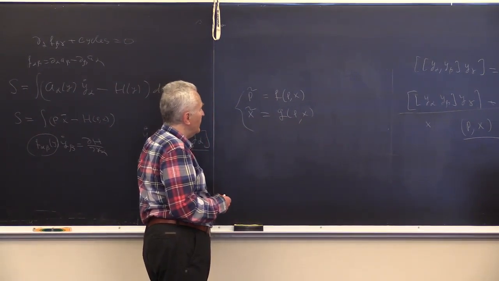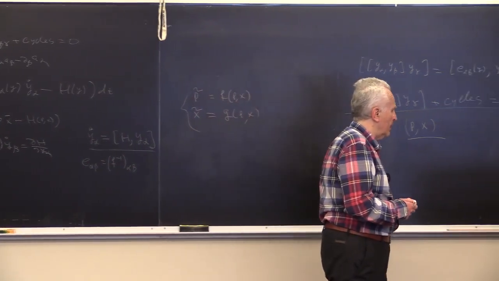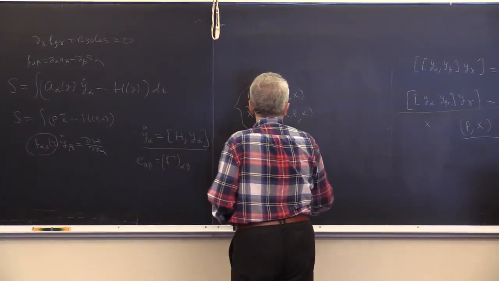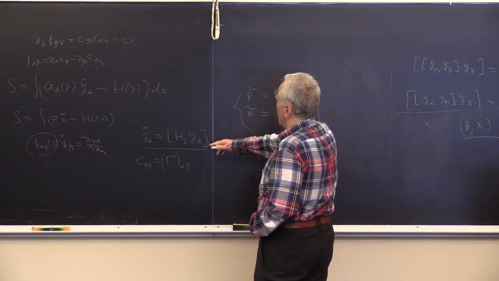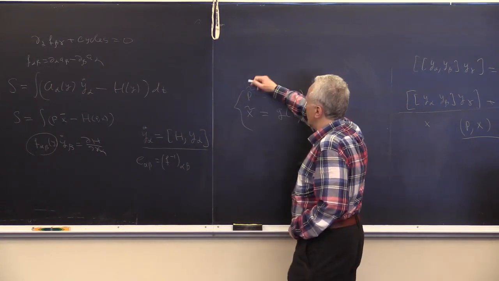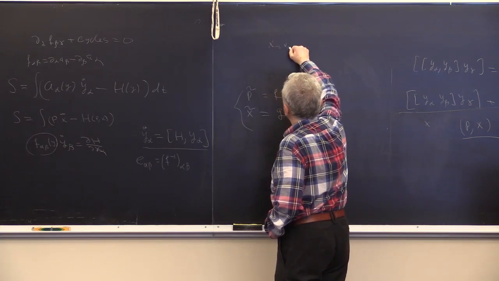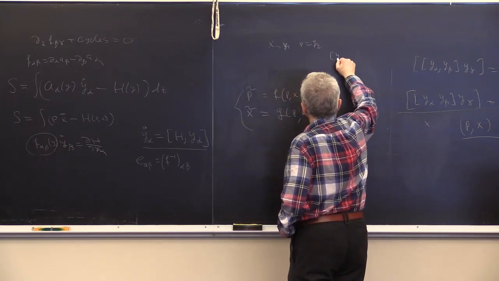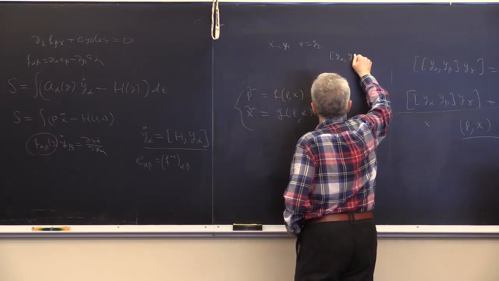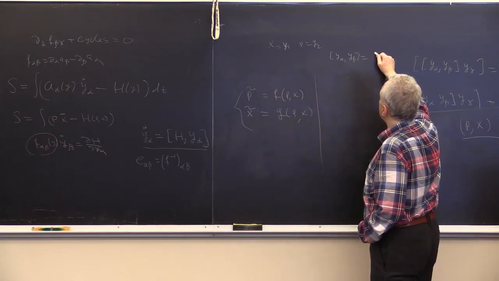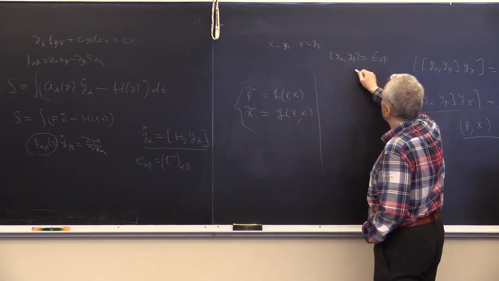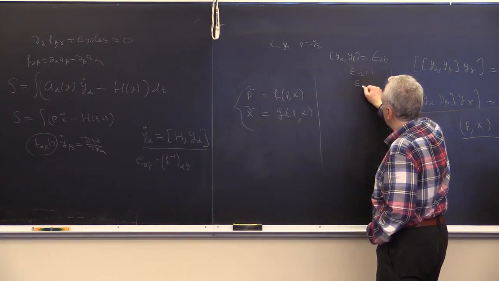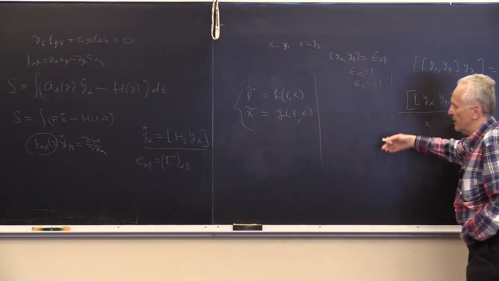Okay, so the question we need to ask is the following. We know from these relations, by the way, here it's quite obvious that if you call x as y1 and p as y2, then the Poisson bracket of y alpha, y beta is what is called the anti-symmetric tensor epsilon alpha beta, for which epsilon 1,2 is 1, and epsilon 2,1 is -1, and all other components are 0.